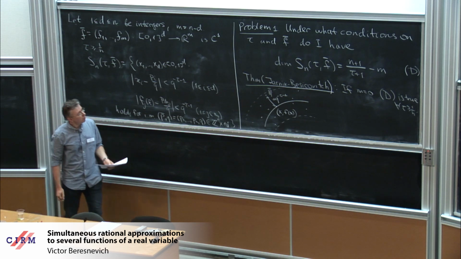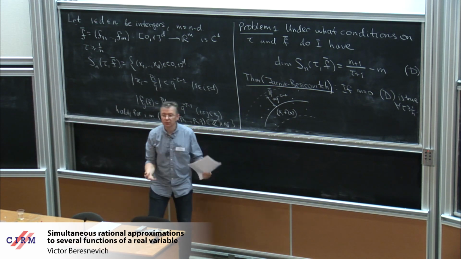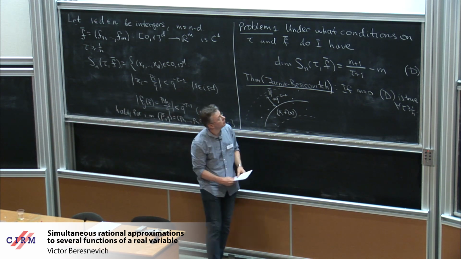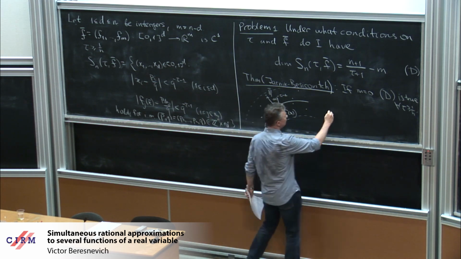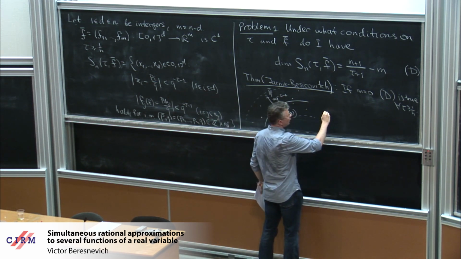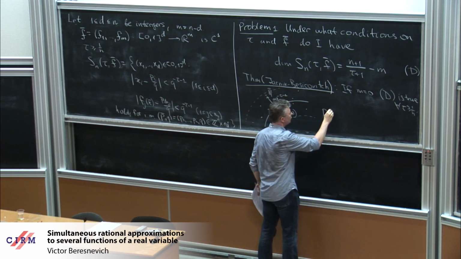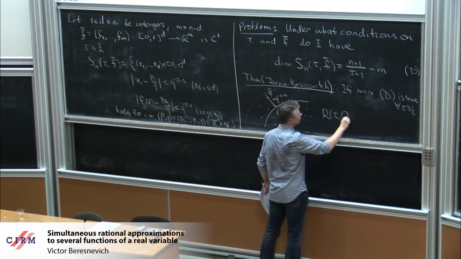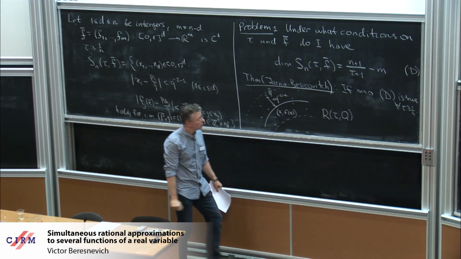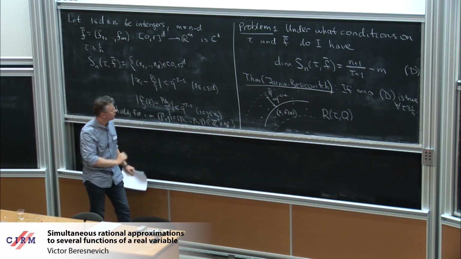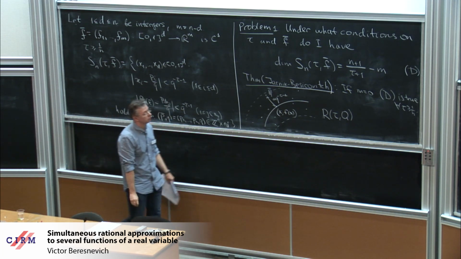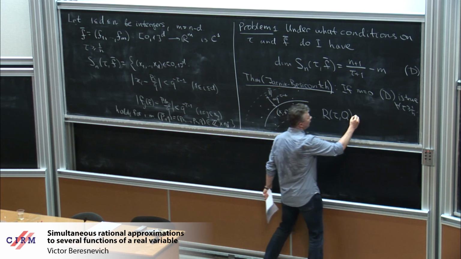It's pretty straightforward that if I have a good upper bound on the count of these points, let me give a name to them. Let me just call it R(tau), and I'll introduce a parameter capital Q, which will control the size of the denominator of these rational points.